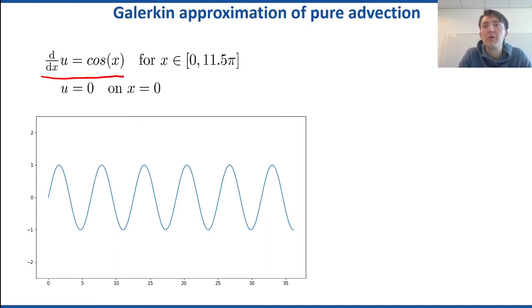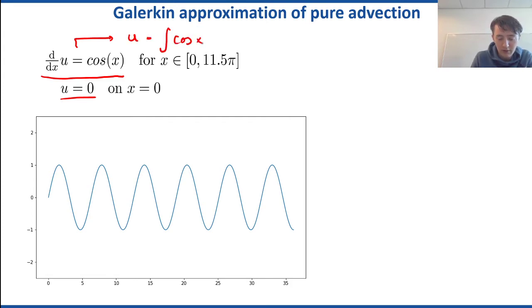And in principle, that's a very simple differential equation, right? This is something that you can solve by hand. But again, a finite element method actually struggles with that. For this differential equation with this boundary condition, we get that u is going to be equal to the integral of the cosine of x plus some constant.